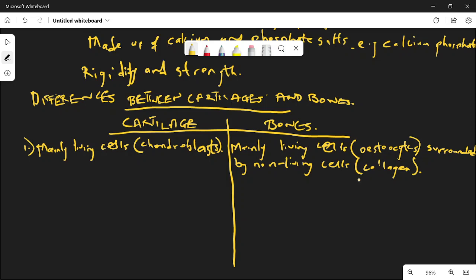So what this is saying is, the cartilages are made of substances called chondroblasts, and these chondroblasts are actually living cells. But the bones also have living cells. They are called osteocytes. And the osteocytes are surrounded by non-living cells called collagen.